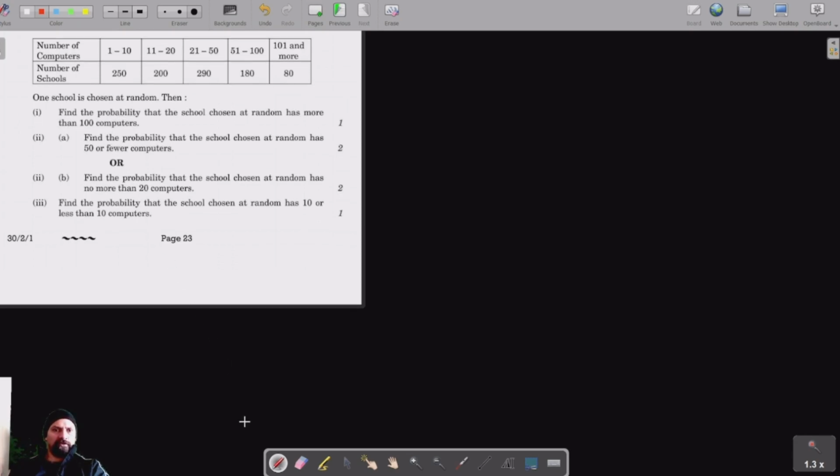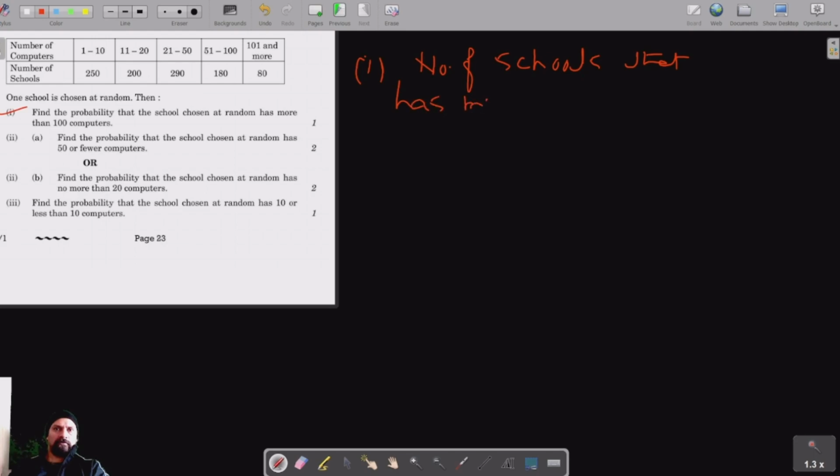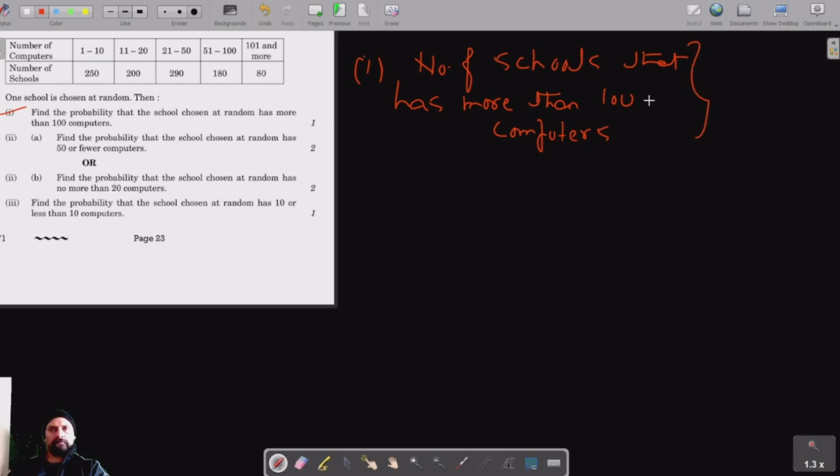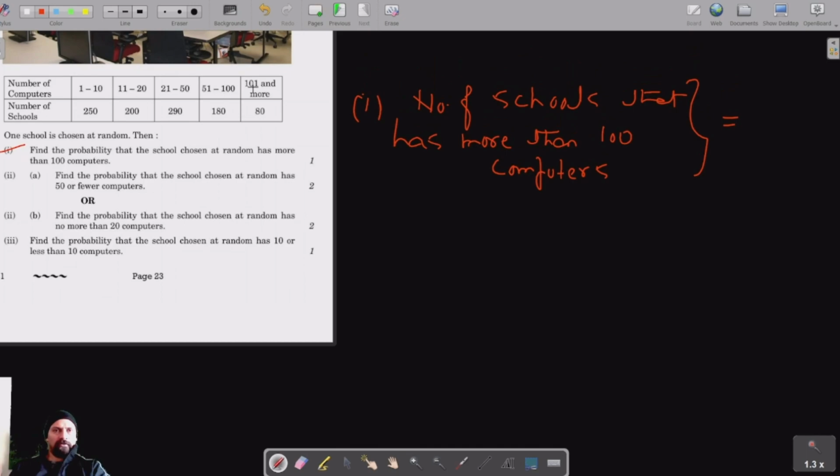So this is the number of computers and the number of schools. Now, based on this information, we have to find the probability that the school chosen at random has more than 100 computers. So number of schools that have more than 100 computers are 80.